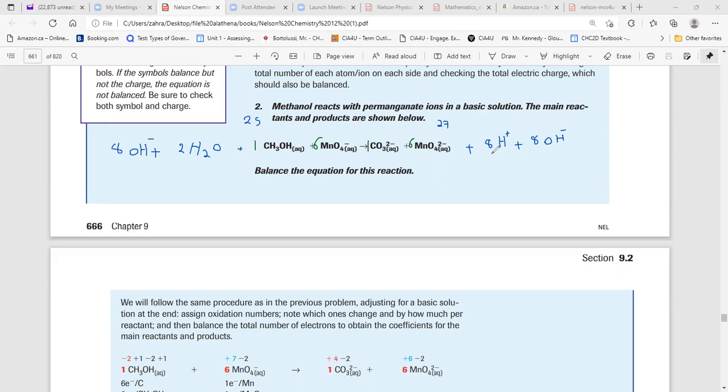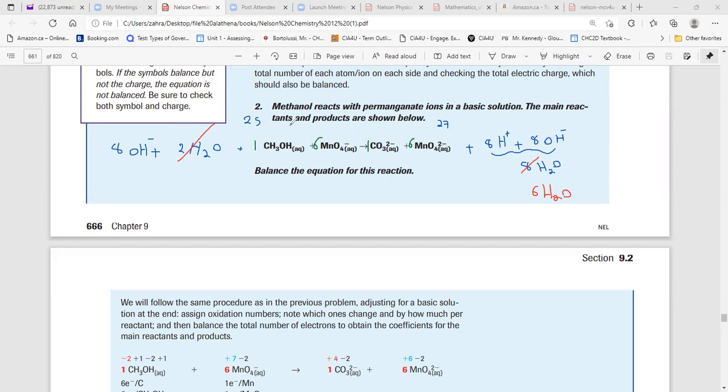Now you know 8 H and 8 OH will form 8 water, 8 H2O. So 2 H2O, and here is 8. So you have to cancel these two with some of that. It's 6 H2O.